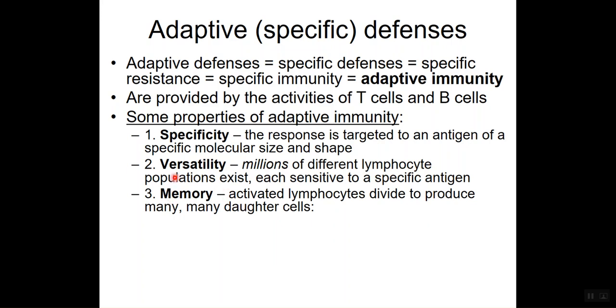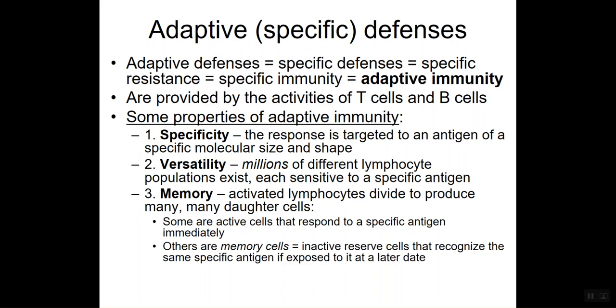Memory is an amazing aspect of adaptive immunity. When you have an adaptive immune response, the first thing that's going to happen is you're going to have lots and lots of cell division, and those active cells that respond immediately, they're trying to keep you alive. They're trying to fight off the bad guy. But then some of the cells kind of hang back and don't actively fight or respond.